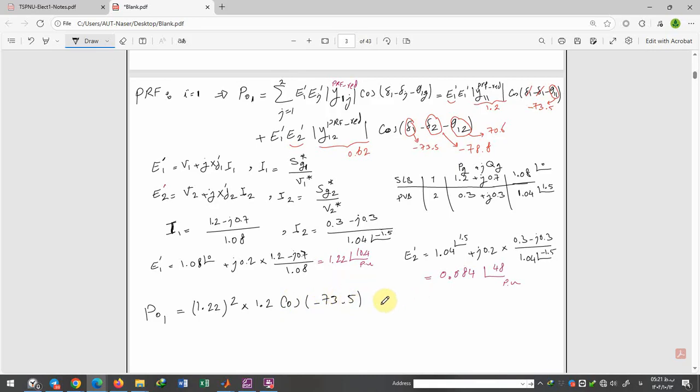73.5 plus E1 prime E2 prime, which is 1.22 in 0.084, multiplied by 0.62 cosine of this equation, minus 73.5 minus 78.8, and 70.6.